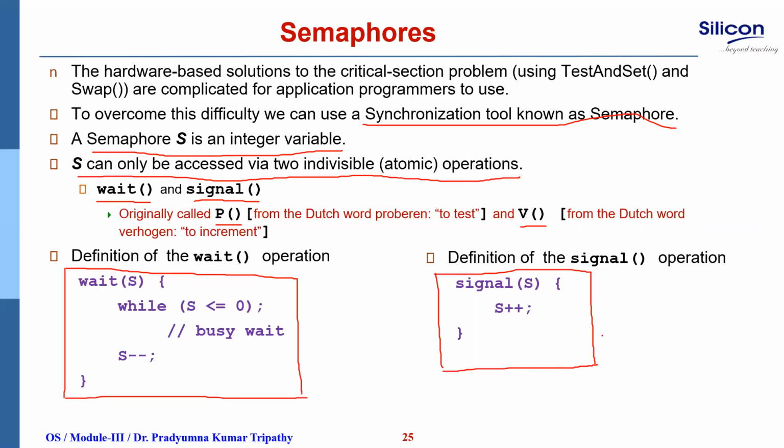We pass the semaphore to the wait operation. It checks while S is less than or equal to 0. Initially the semaphore S equals 1. The semaphore is initialized to 1. Now, suppose this is my critical section.